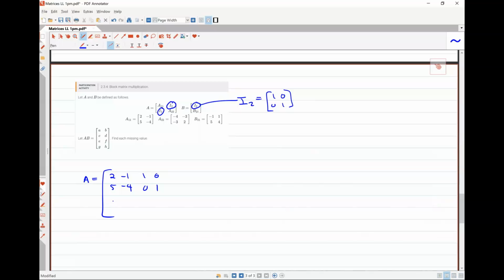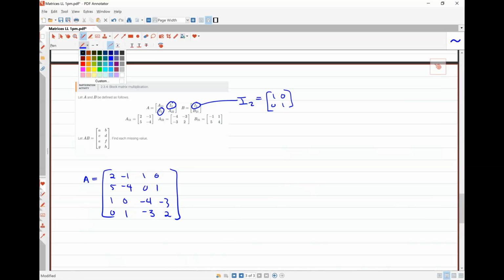And then A22 was minus 4, minus 3, minus 3 and 2. And then this is another copy of the identity matrix, 1, 0, 0, 1. Everybody see where this is coming from? Stop me if you don't. So this is A11, this is A22, that's the identity matrix, and that's again the identity matrix.